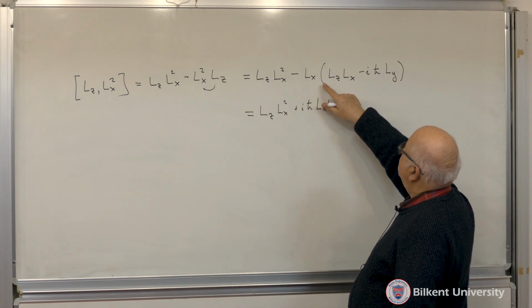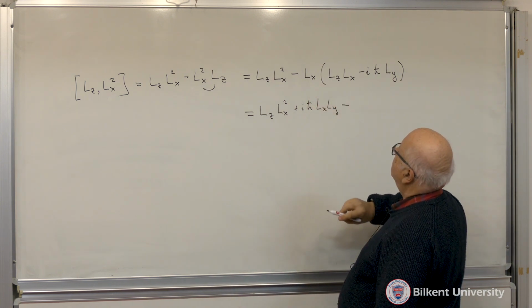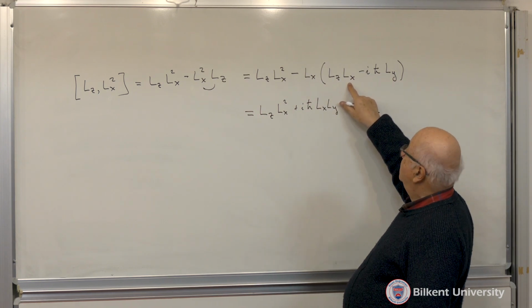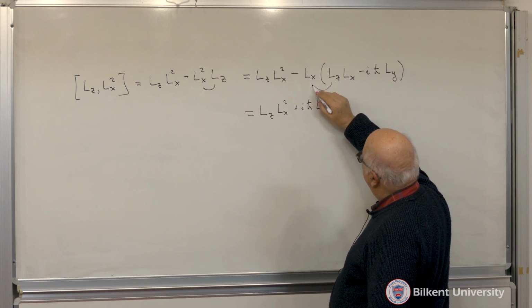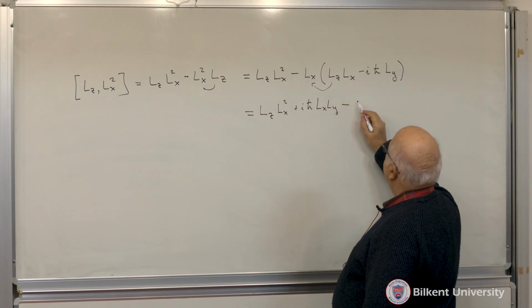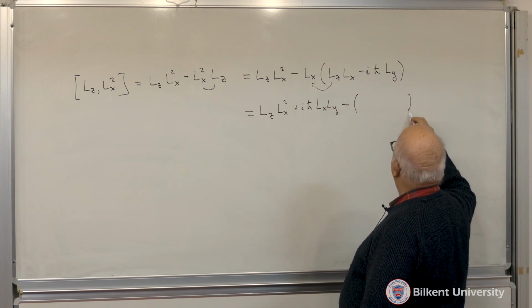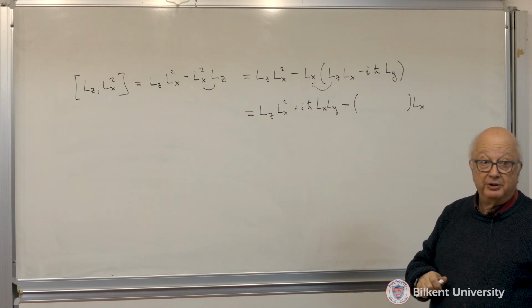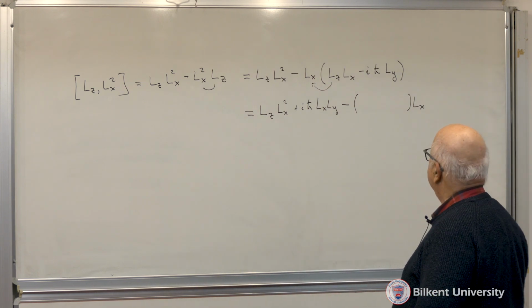And then I have this minus Lx Lz Lx. Now I want to move this one step to the left, interchanging Lx and Lz, so there will be an Lx over here. Please check my algebra so that I don't get any funny results.